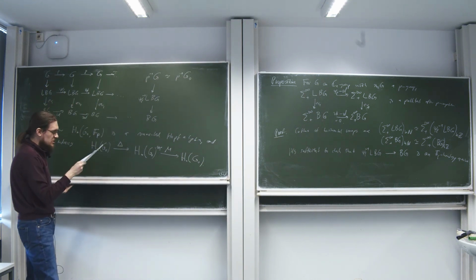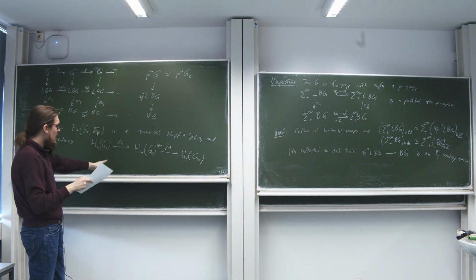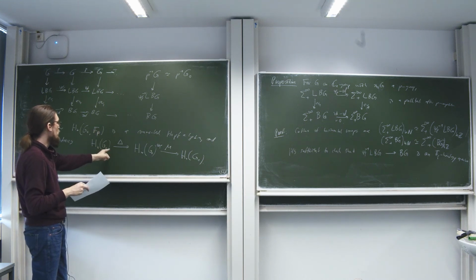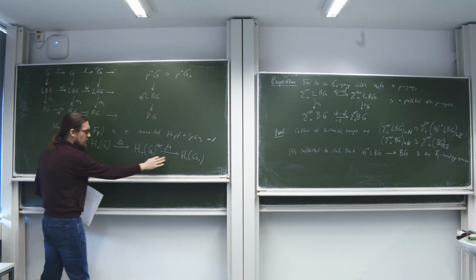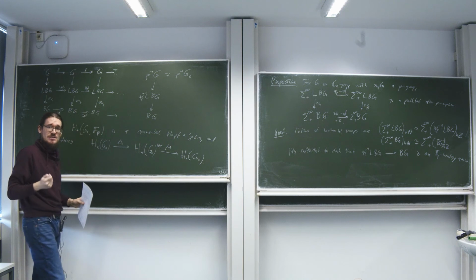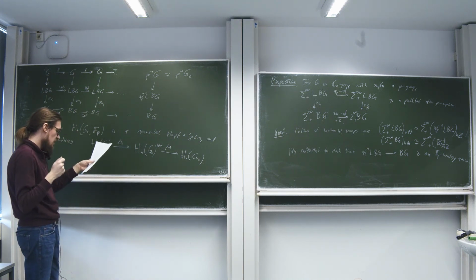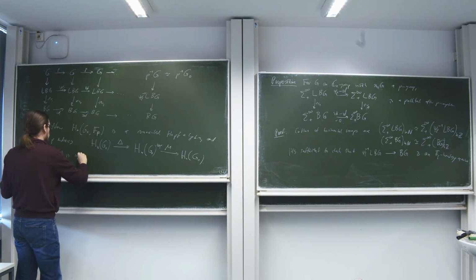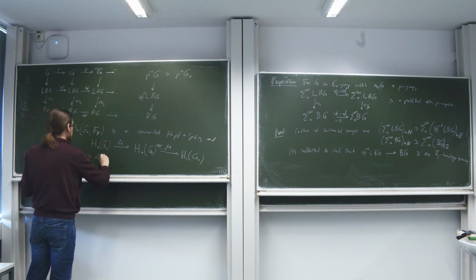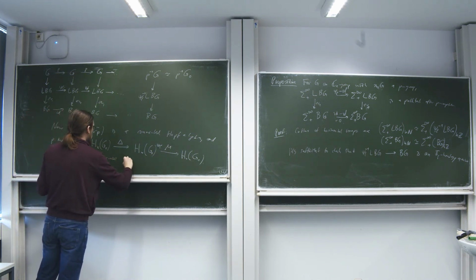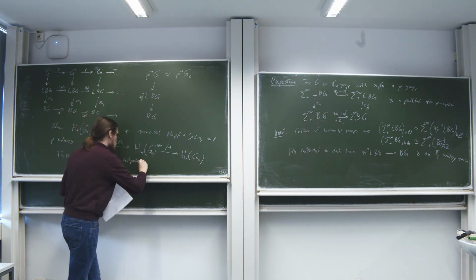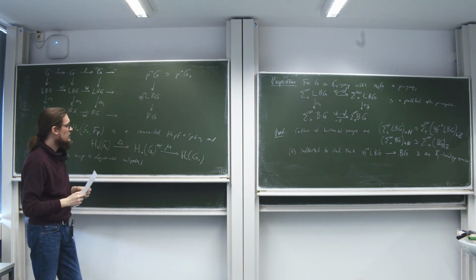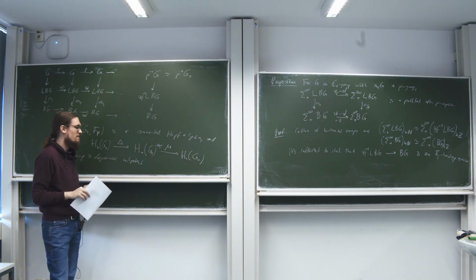And so here's the crucial claim. This is still with FP coefficients, and this map is not necessarily zero, but this map is degree-wise nilpotent. And I want to pose this as another fun exercise.